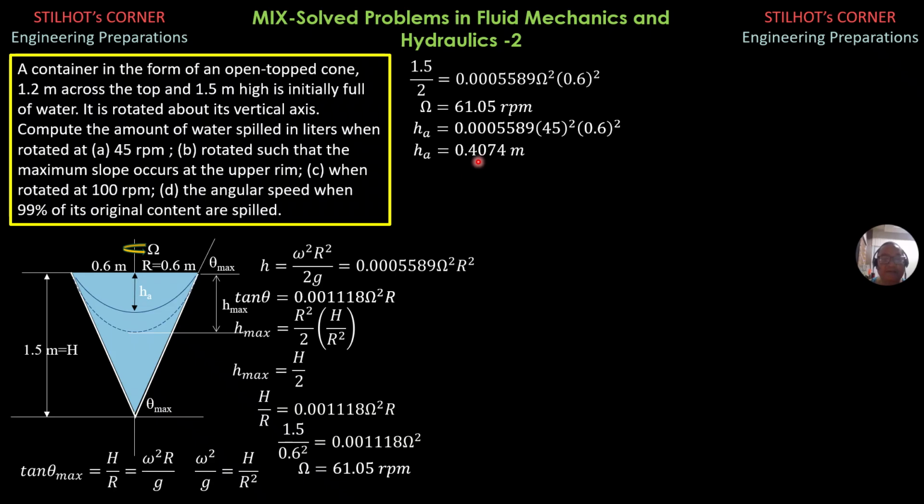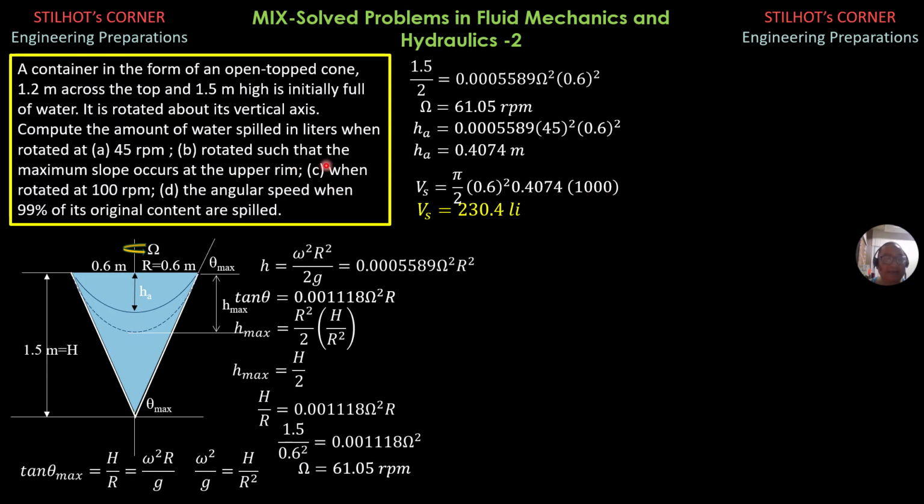So that's why it's only 0.4074 meters. Volume spilled, therefore, in liters, is pi over 2 times 0.6 square times 0.4074, volume of paraboloid of revolution, times 1,000 to convert it to liters. So volume spilled is 230.4 liters.